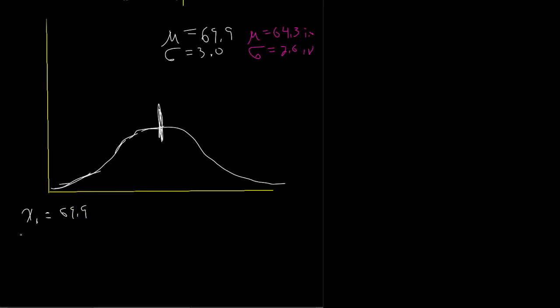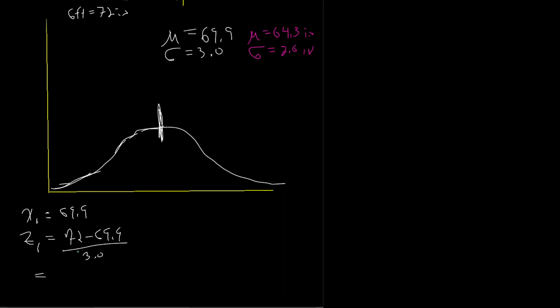So let's look at the z1 for men. So 69.9 minus, I'm sorry, I'm talking about a 6 foot tall man. All right, so a 6 foot tall man is 72 inches. My bad, I had to convert that to inches there. So 72 minus 69.9 over the standard deviation of 3.